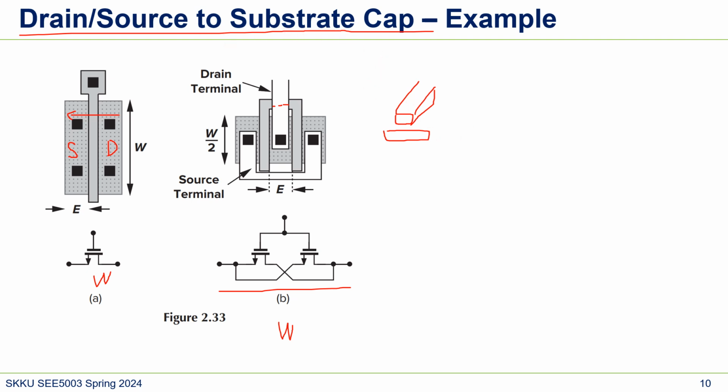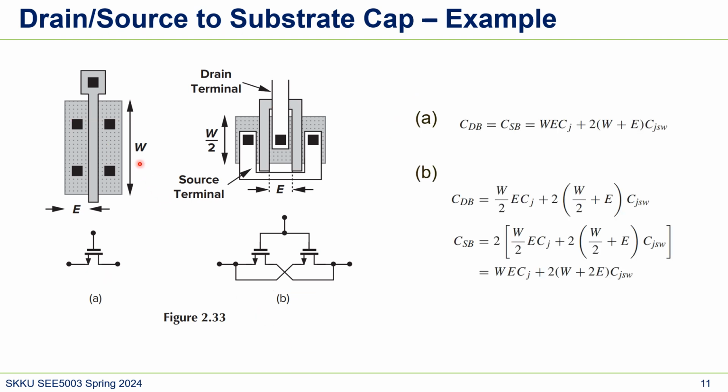So let's calculate it. In the first example, which corresponds to this A, the capacitance between drain and bulk, which is drain to substrate, is WE times CJ. What was CJ? CJ was the capacitance between the bottom of the drain and the substrate.